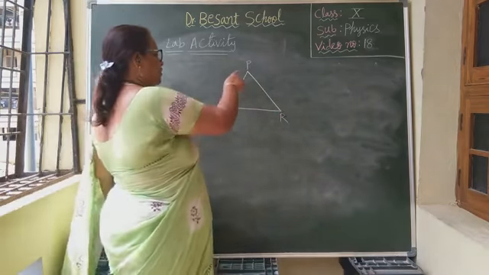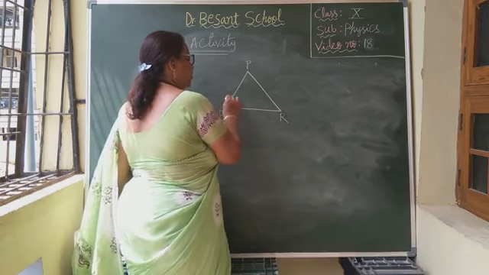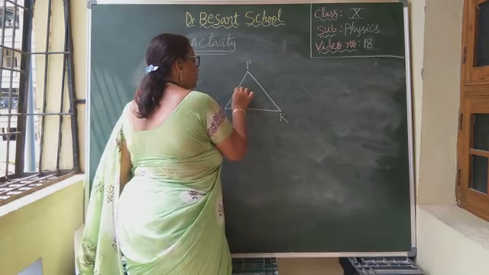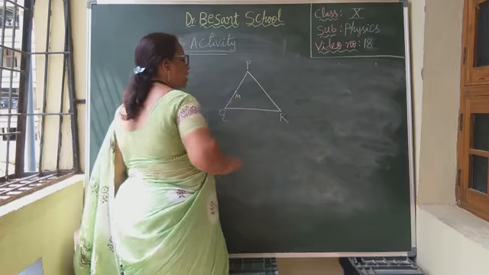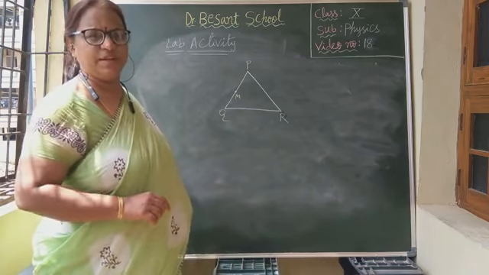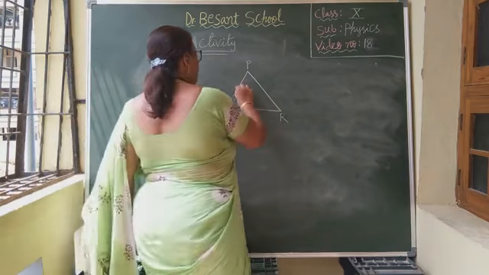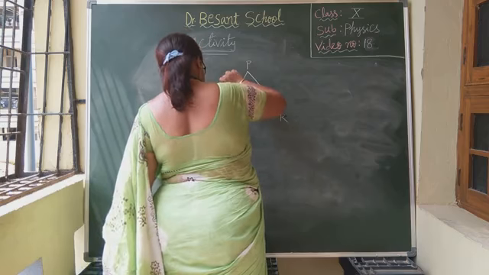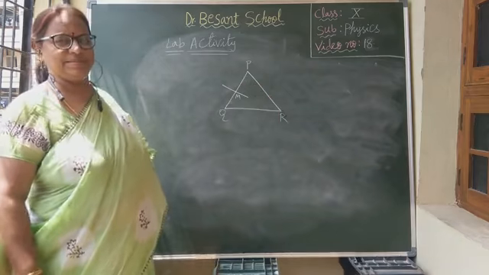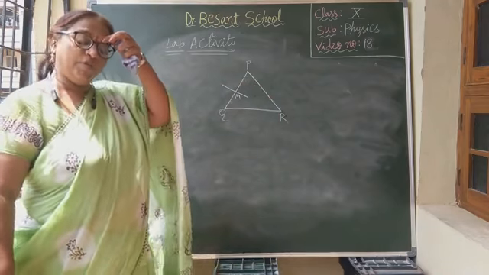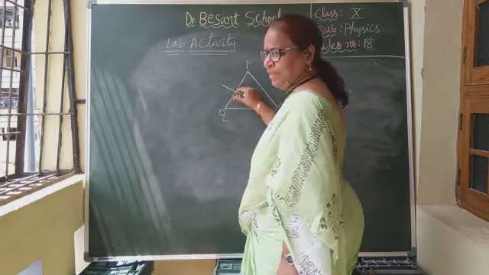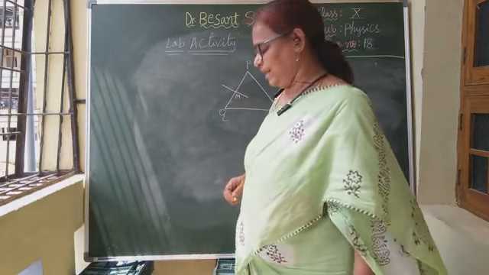Now consider one of the plane surfaces, PQ, and mark a point M on it. Now for this M, draw the normal perpendicular, 90 degrees, at point M. Now using your protractor, keep the protractor at M and mark a point at 30 degrees.